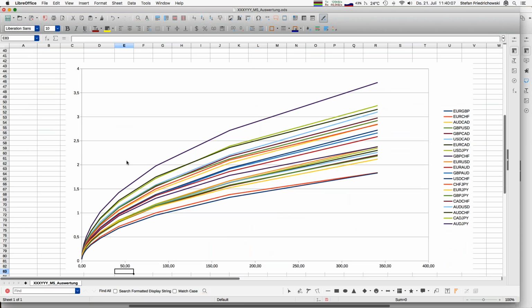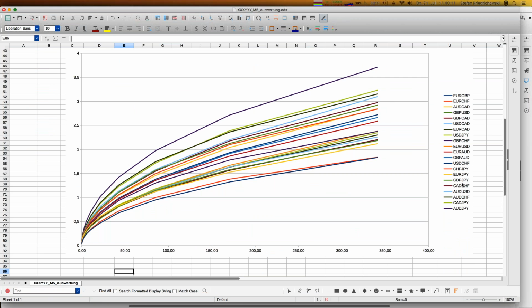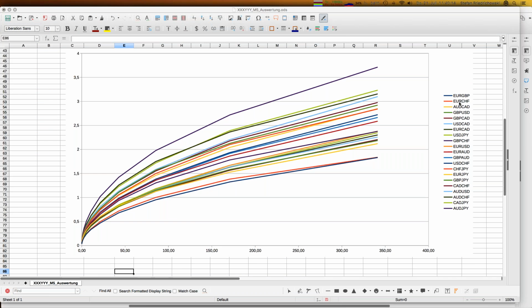And you can see that the one with the lowest percentage movement is Euro British pound, which is the lower one here. And the one with the highest percentage movement is Australian dollar, Japanese yen. I'm not sure whether you would have expected that kind of result.